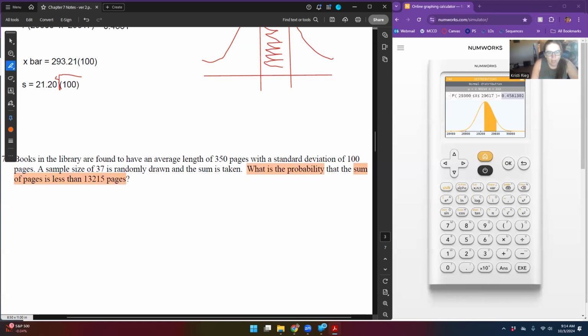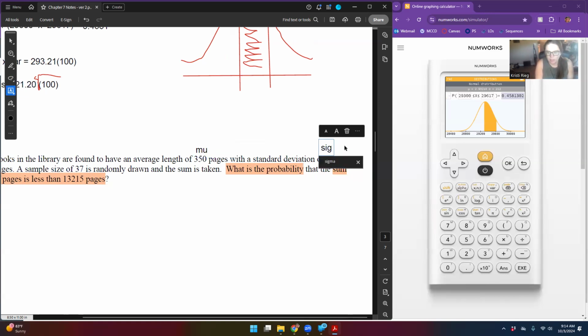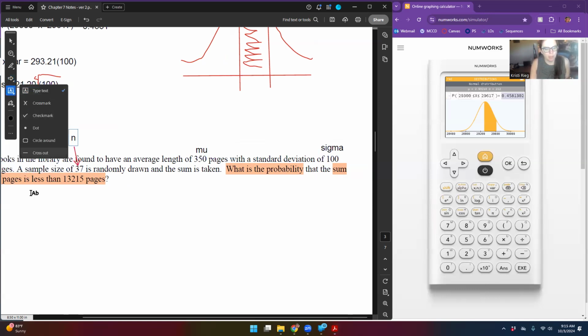Okay, so I have in my problem the average length, so average is mu, and this is the standard deviation, so there's sigma, and can't really fit it in, but n, I'll just draw an arrow to it. N is right there. Okay, next up, probability.